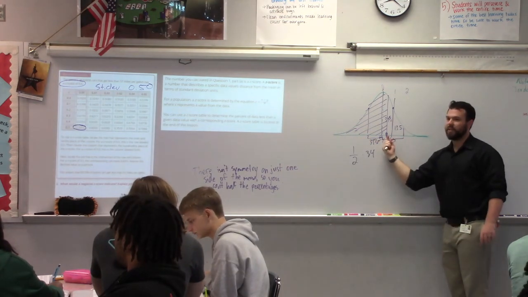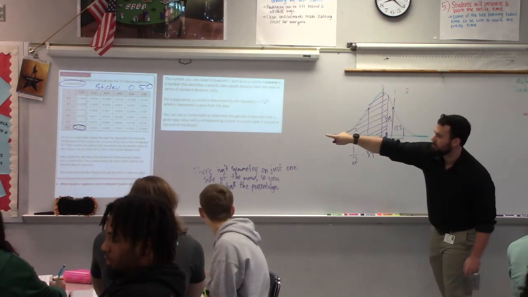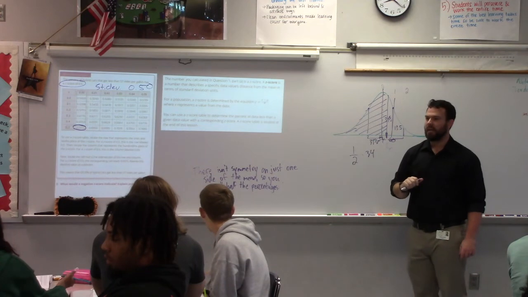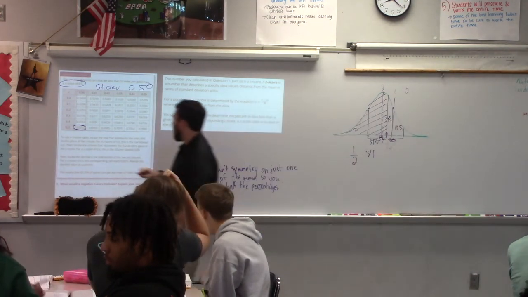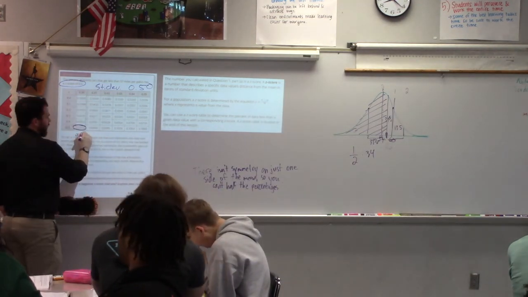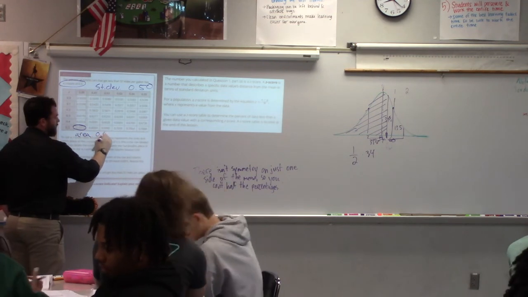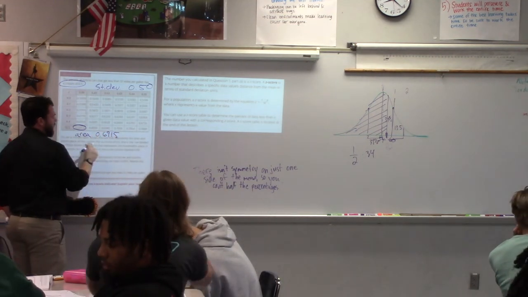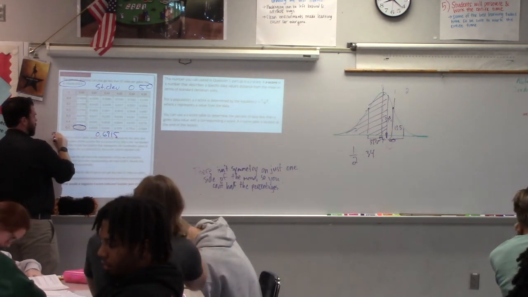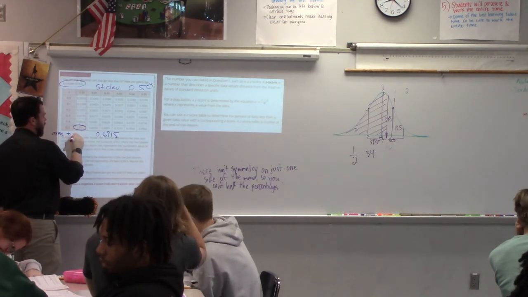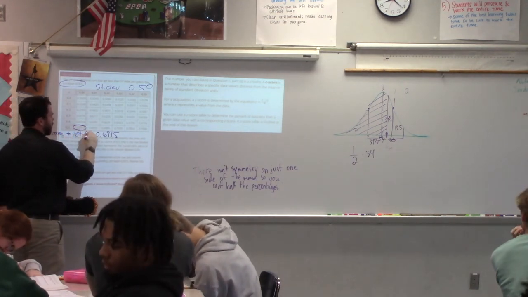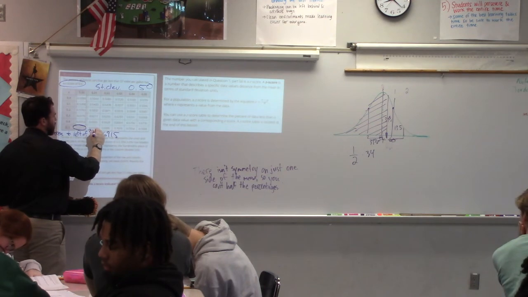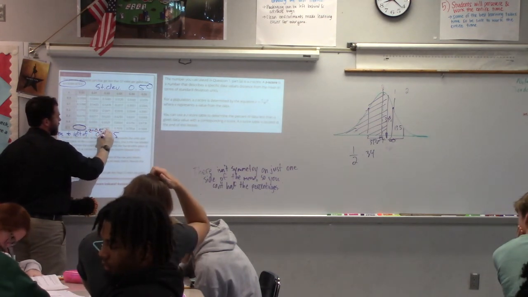The amount of area to the left of z equals 0.5 is 0.6915.